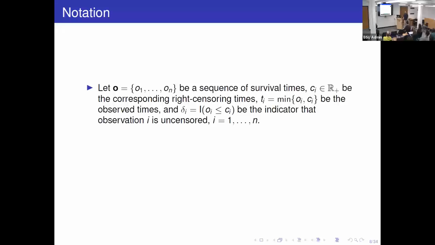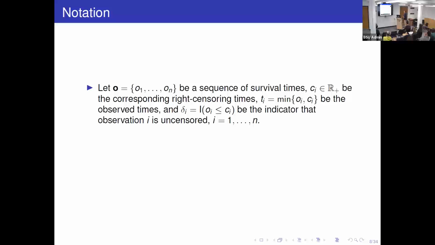So a little bit of notation. Suppose that O1 to ON are what I call the original survival times that we may not necessarily observe. Ci represents the right censoring times. And then what we actually observe are Ti, which is the minimum between the survival time and the censoring time.